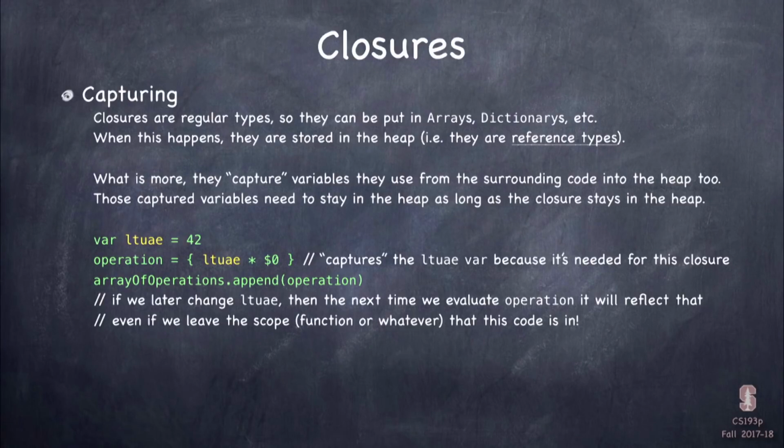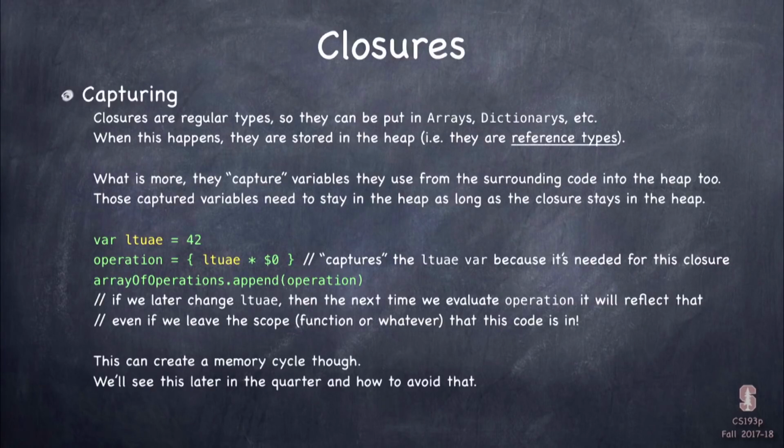So that closure is actually using a local variable inside it. Now what happens if I put that operation in an array? Okay? And then later go back and get it out of the array and execute it. Well, when it does that, LTUAE still needs to be there because otherwise the closure won't execute. Okay? So LTUAE gets captured into the heap and stays there until the closure goes away. Now, this is awesome. It all just works magically. You don't have to think about it except in one case, and that's a memory cycle.